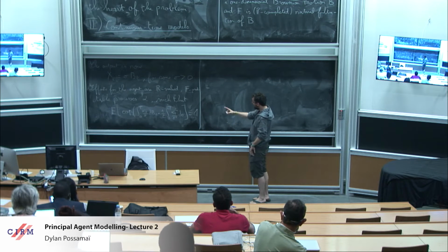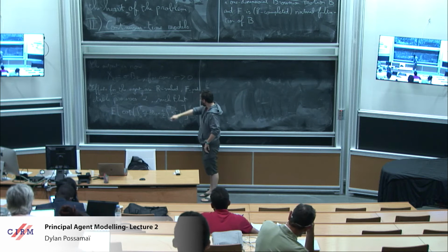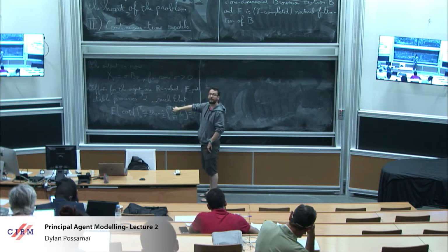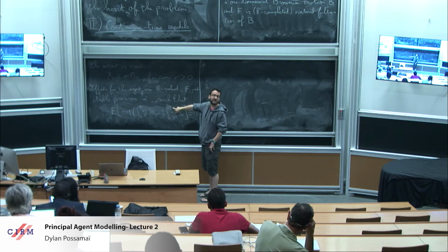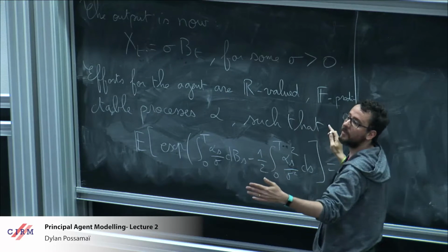So here there is a new element I haven't talked about yet. This is capital T. So capital T is going to be a fixed time horizon, and that's going to represent the length of my contract.